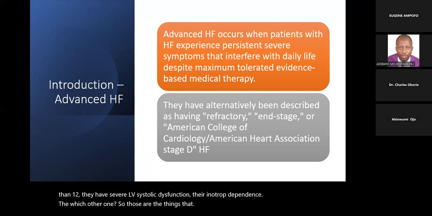Which other one? Those are the things that define them. So I think it's actually the same thing, advanced heart failure, refractory heart failure. I'm not sure if there's any difference between the two of them, because these are the things that define those patients.